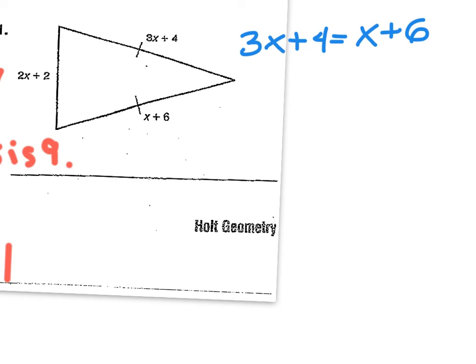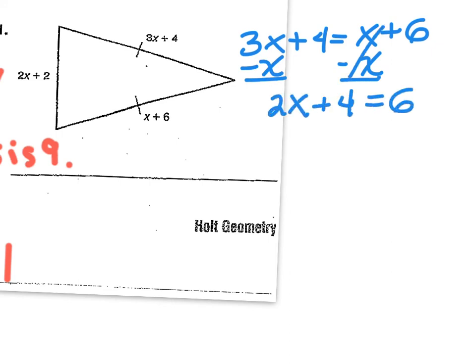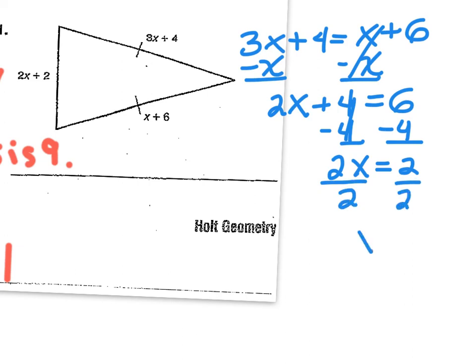Now solve for x. 3x minus 1x is 2x. Then we subtract. What do we subtract? 4 from 6. It's 2. And that would be 2 divided by 2. So x is 1.